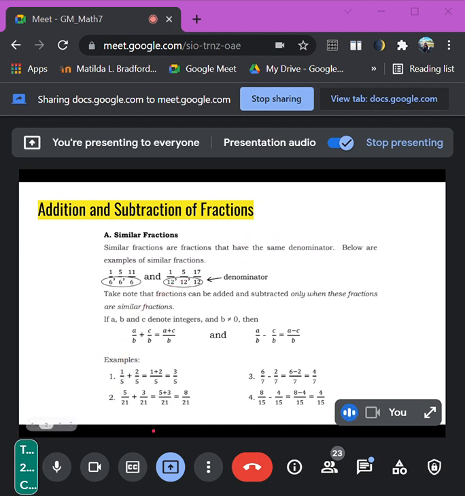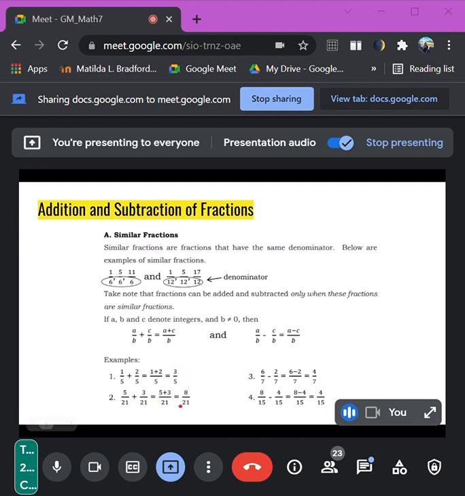So we have here some examples that you can see below. So you have there 1 over 5 plus 2 over 5 is equal to, you're just going to add the numerator, so 1 plus 2, that is 3, and then copy the denominator. So you have there 3/5.